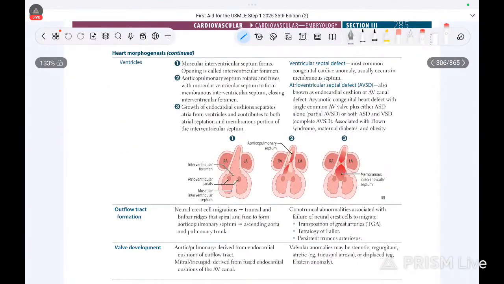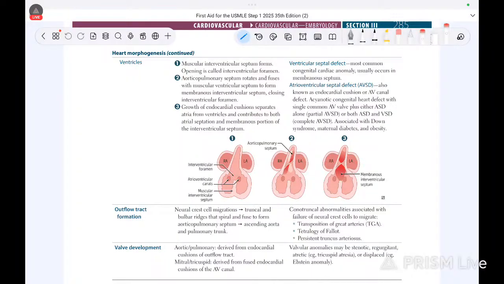Next we come to the ventricles. The muscular interventricular septum forms, and this opening is the interventricular foramen.